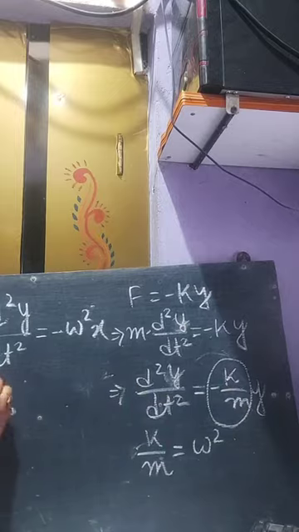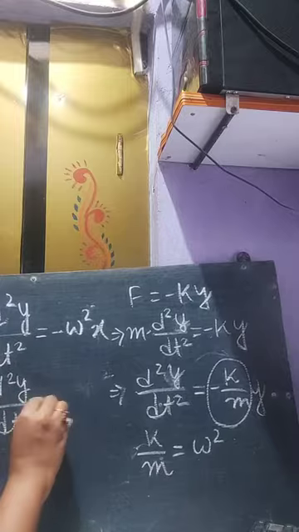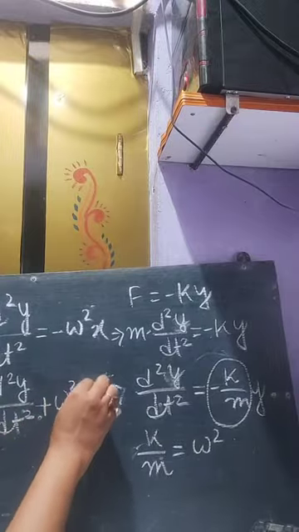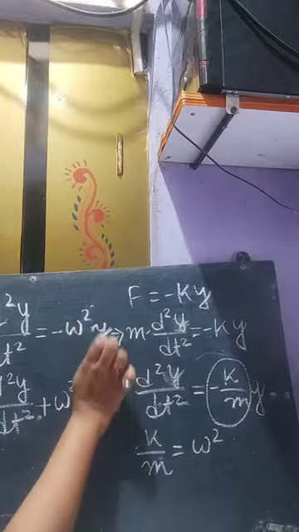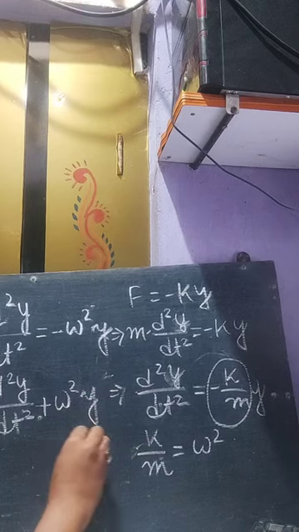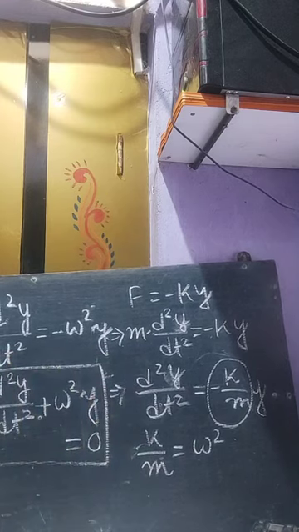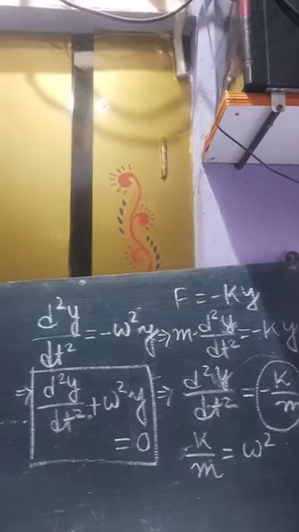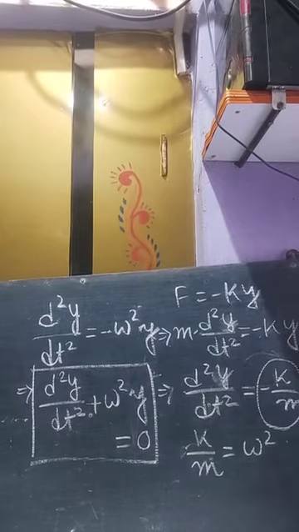Therefore d2y/dt squared plus omega square y equals 0. So this is the differential form of our SHM.